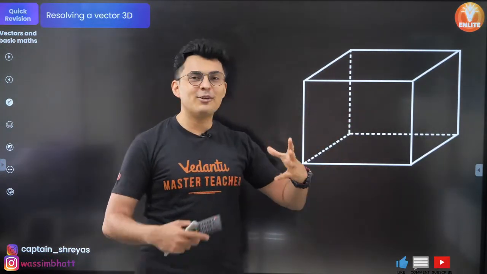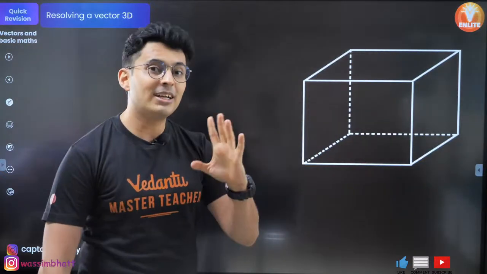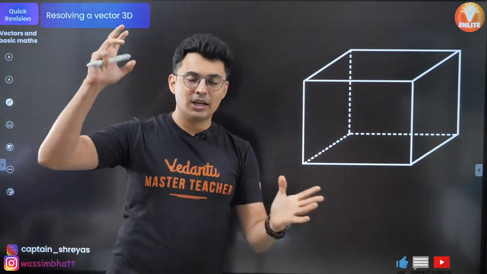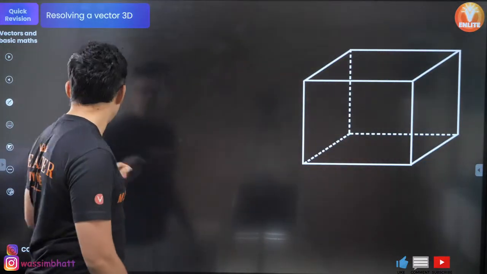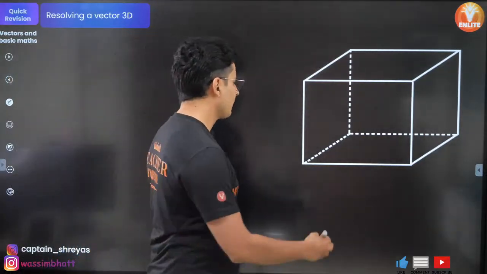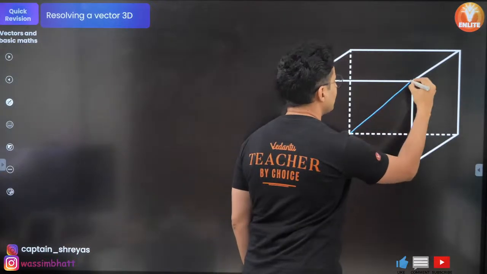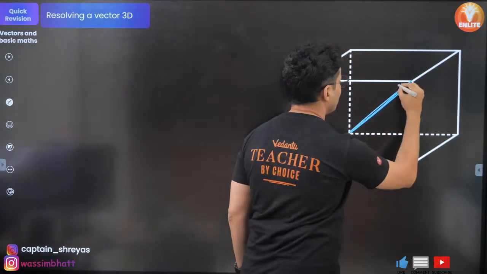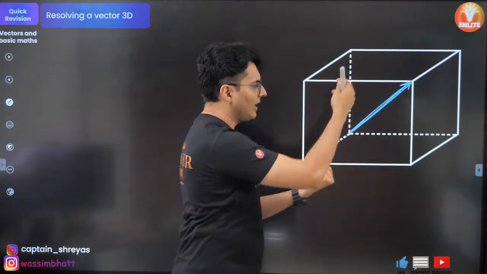Imagine that vector in 3D always to be from one vertex to the opposite vertex. Basically, it's the diagonal. Let's say, for example, I'll just draw some vector. See, this is a vector. Imagine this in 3D. This is the length, breadth, and height of the room.